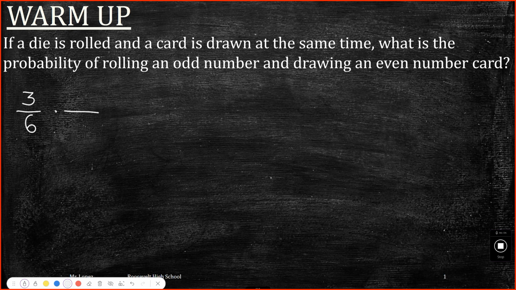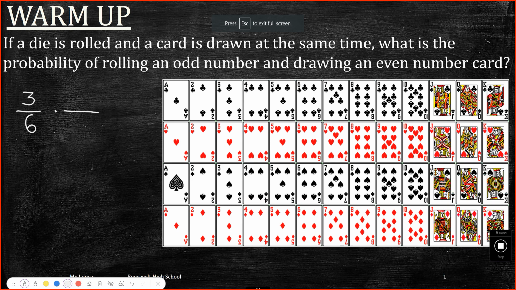And then how many of the cards are even numbered? Well, you don't have to care about the ace, even if you think it's a 1. It's not even. Even number cards: 2, 4, 6, 8, 10.